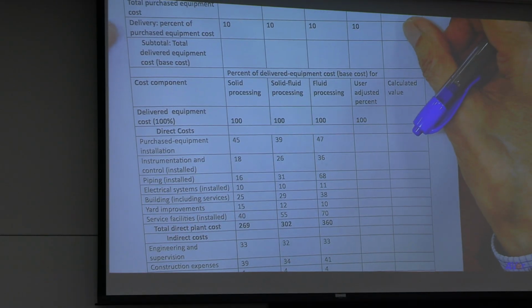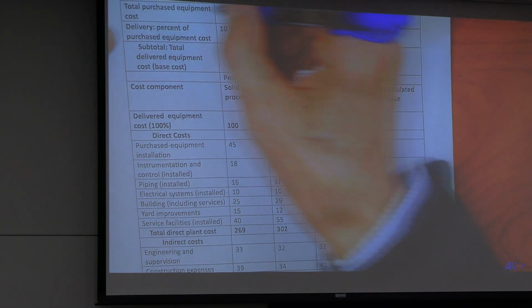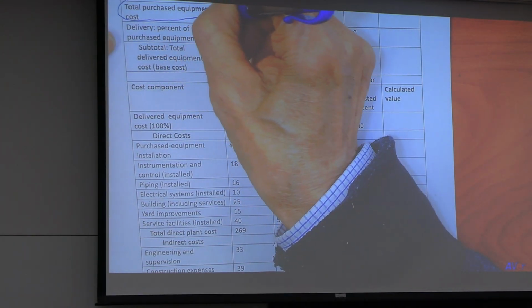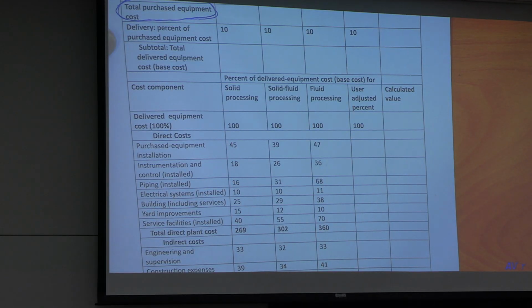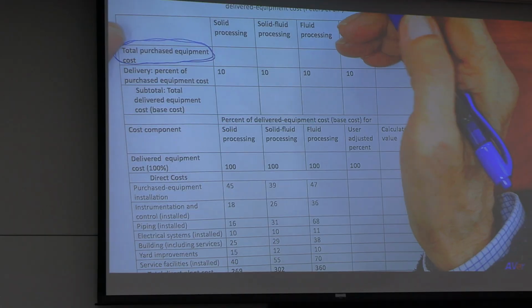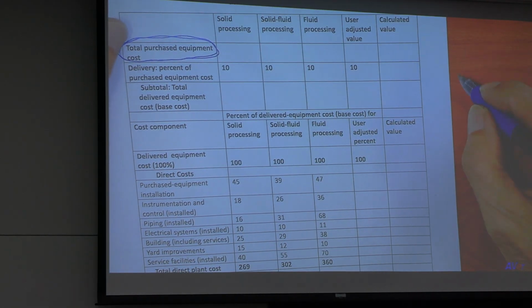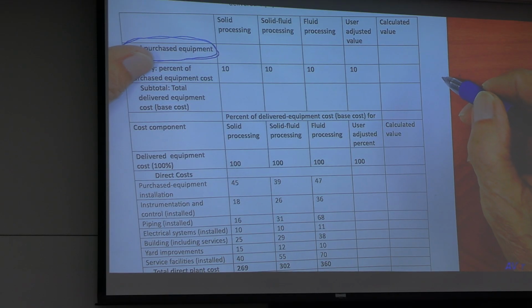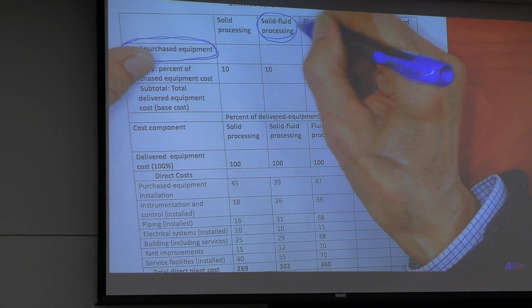Now, go to chapter 7. You find total purchase equipment costs. I show you some table to follow. In our example, you want to choose solid-fluid processing, fine.